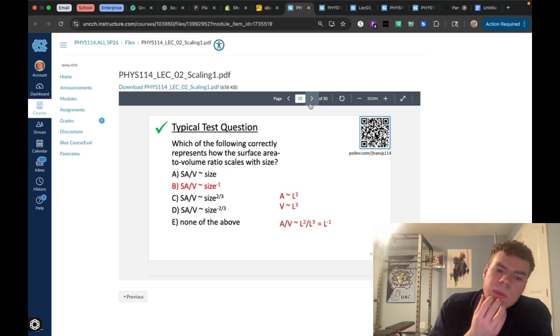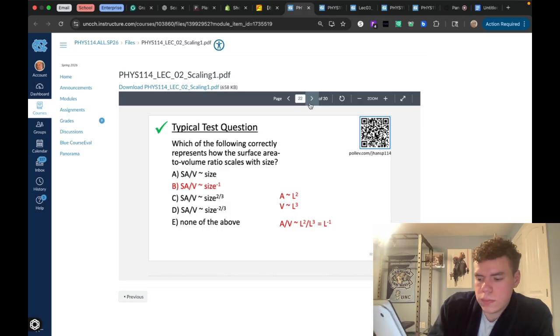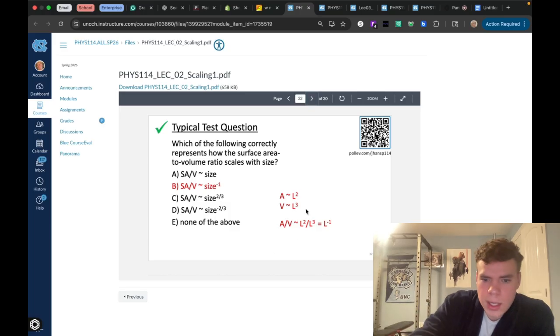Oh yeah, because that's exactly what you're doing. You're taking the exact same number to the second power and you're dividing it by the third power. So instead of it being something to the 2/3 power, it would just be to the -1.